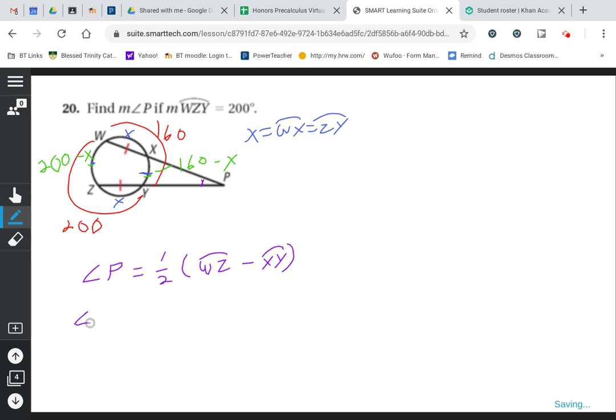So doing this, I can say angle P is 1/2, and now I'm just going to plug in WZ and XY respectively.